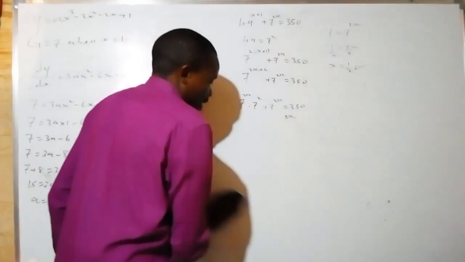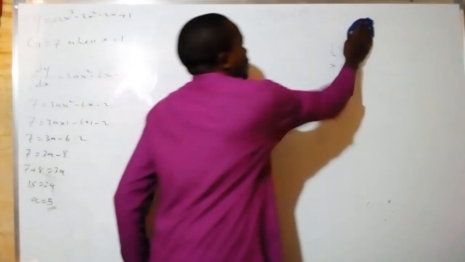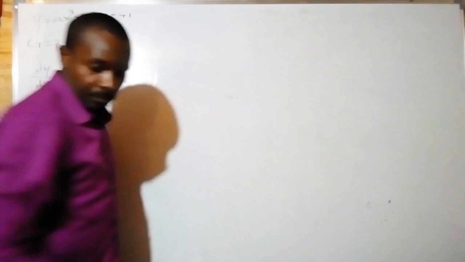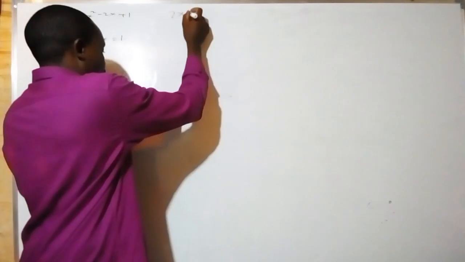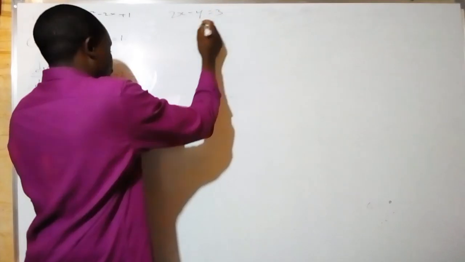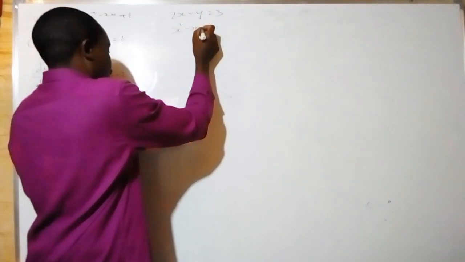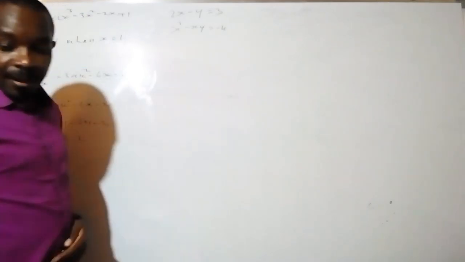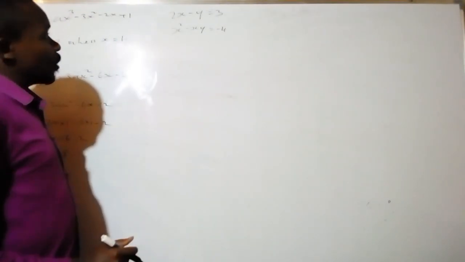The next one. You've been told to solve 2x minus y is equal to 3, x squared minus xy is equal to negative 4. These are simultaneous equations. They want you to get the values of x and y.